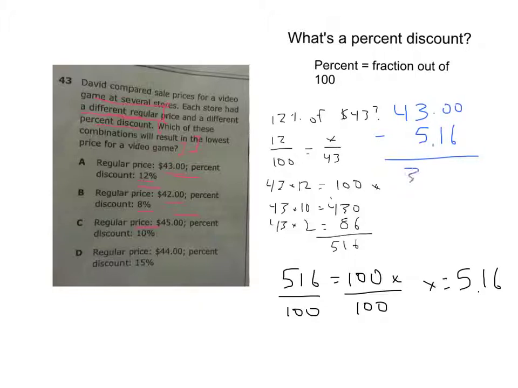And we end up with $37.84. So for choice A, if the regular price is $43 and the discount is 12%, what you end up with is $37.84. And so now we just need to do those same steps for choices B, C, and D.